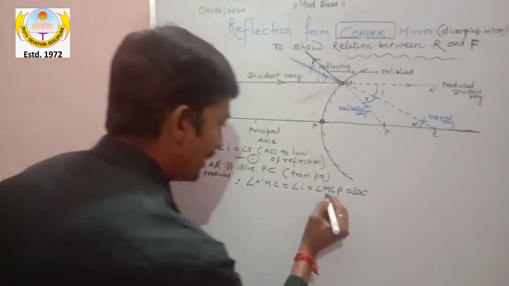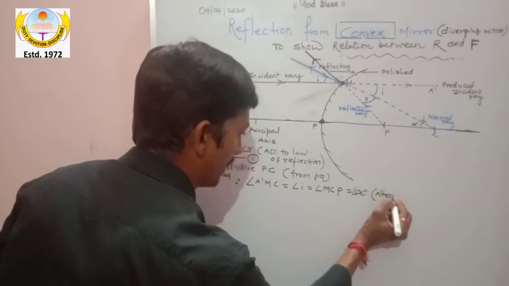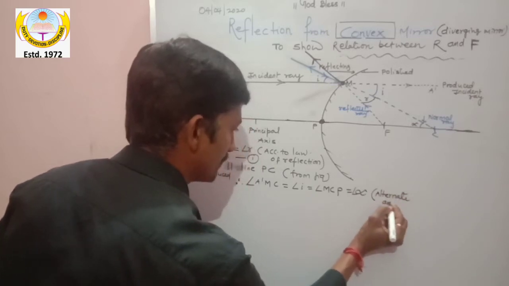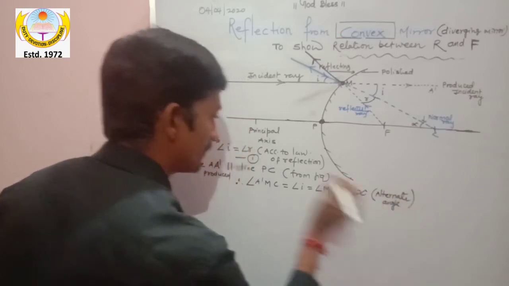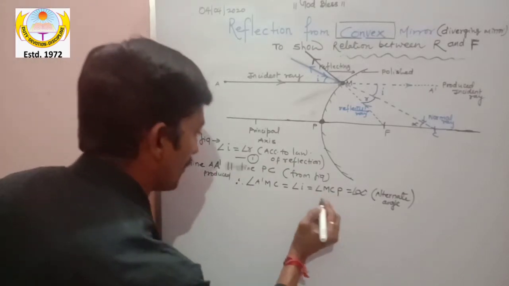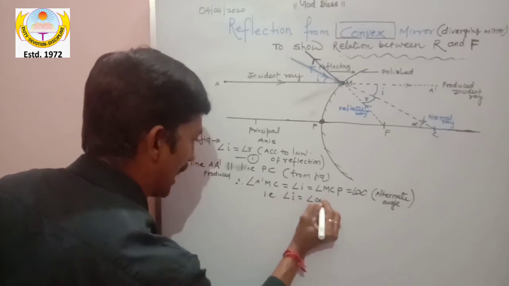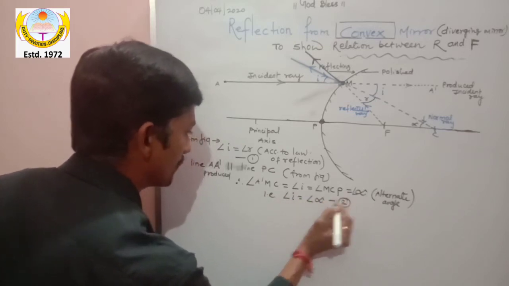Right? Why? That is by which angle test? Alternate angle. So my dear, if angle I is equal to angle alpha, this is our equation number 2.